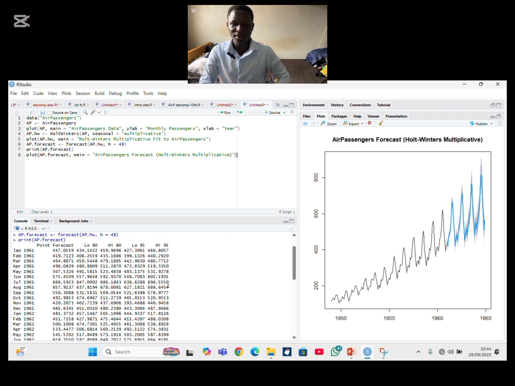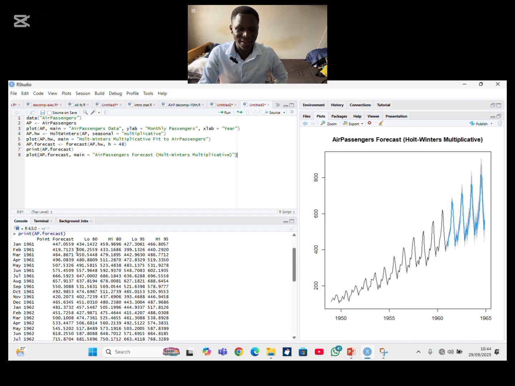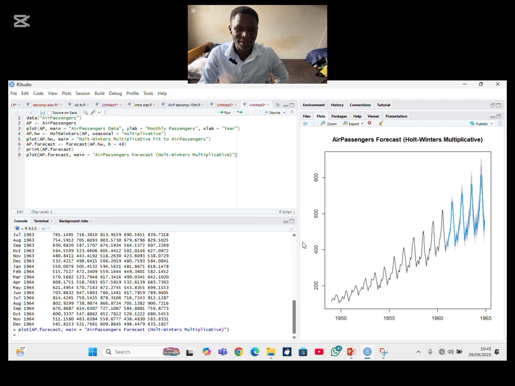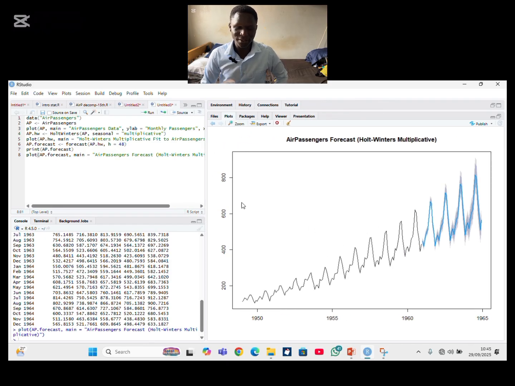You notice there is first of all a difference in how exponential smoothing did it and how Holt-Winters does it. They are a bit different, though they are both forecasting. And on top of this code, we have received this graph.